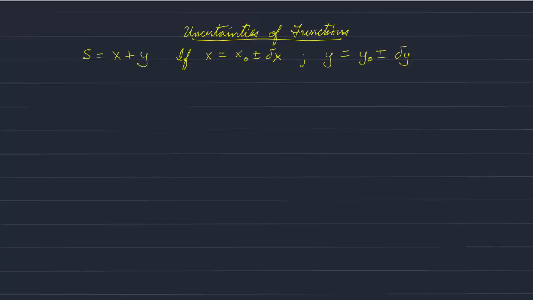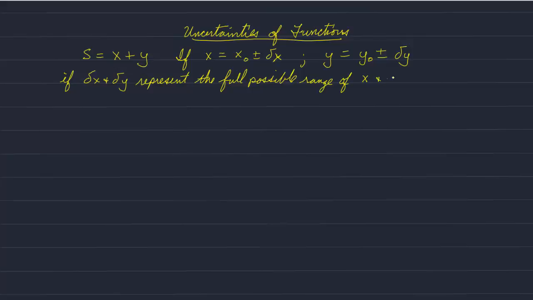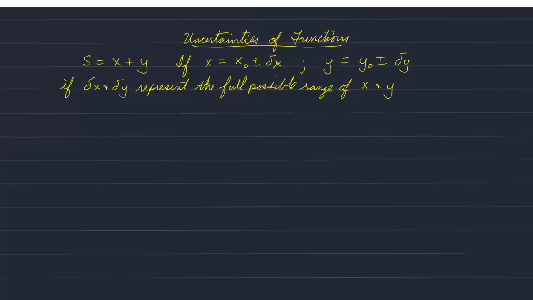Now, if delta x and delta y represent the full possible range of x and y, then the full possible range of the sum is the sum of delta x and delta y.